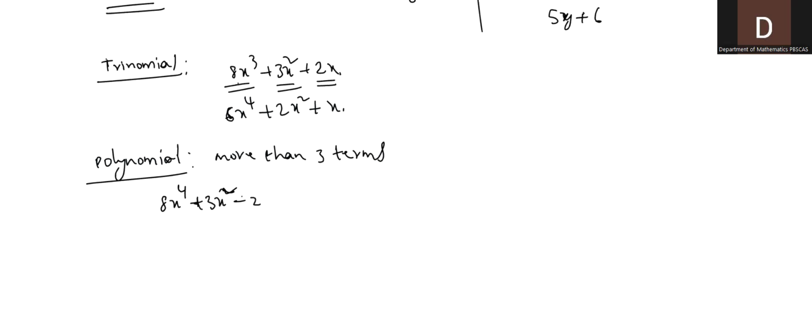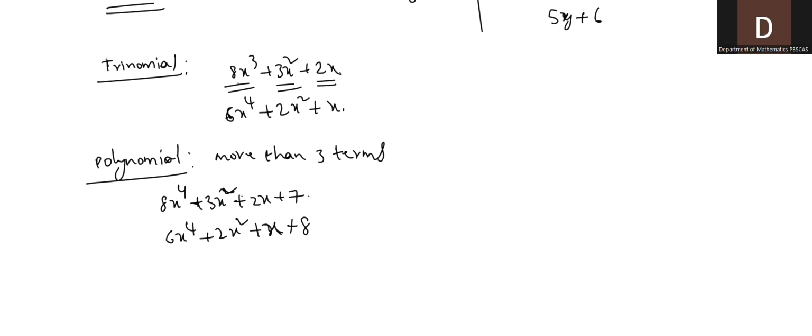And one more example, 6x power 4 plus 2x square plus x plus 8 or 7, whatever it may be. So this is called a polynomial. More than three terms are called a polynomial. So this is another type, polynomial. Okay.